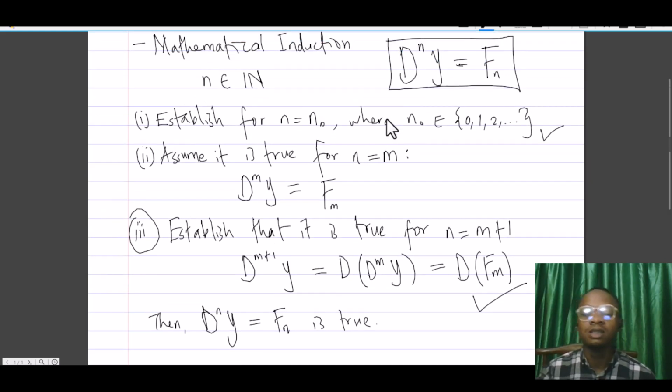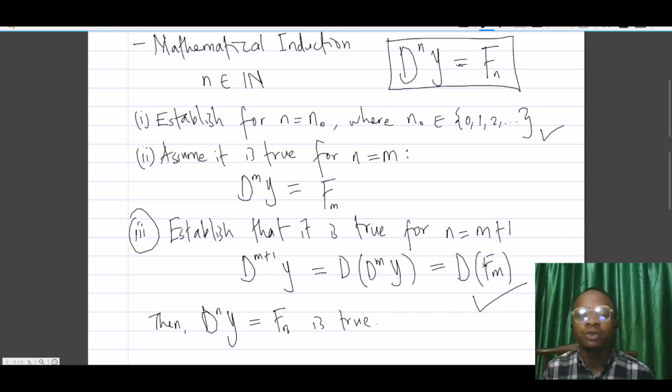The reason for this is that once we're able to check that it is true for n equal to 1, or whatever the first term is, and then we assume it is true for some m, and we see that for n equal to m plus 1 we also have it to be true, that means since we already know it is true for the first term, if our m was the first term, then it will be applicable to the second term.